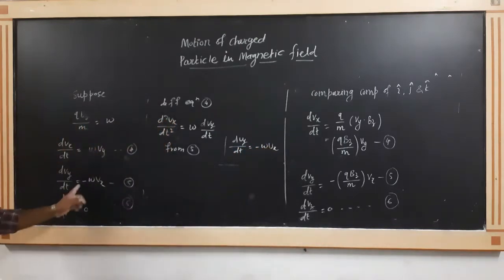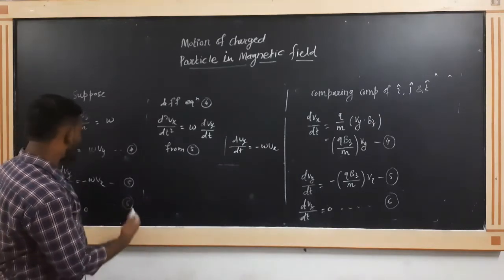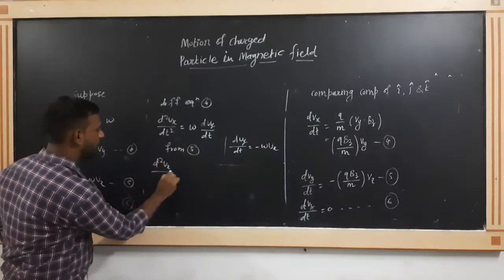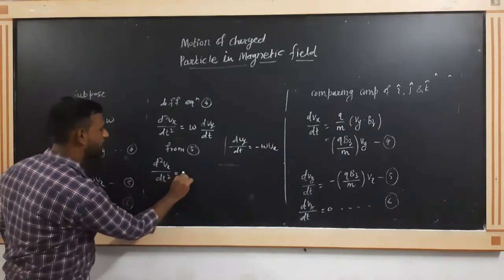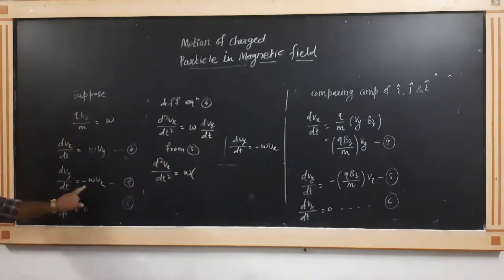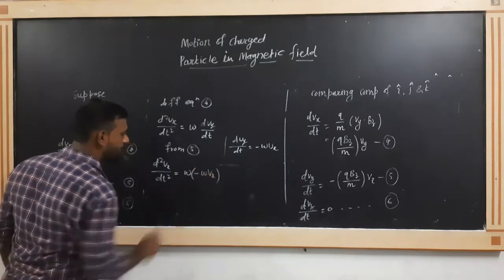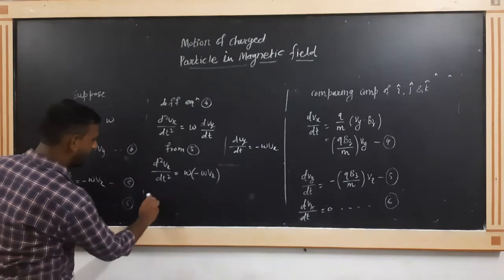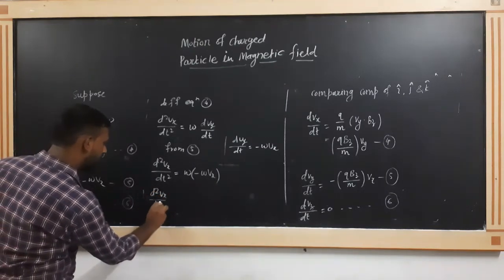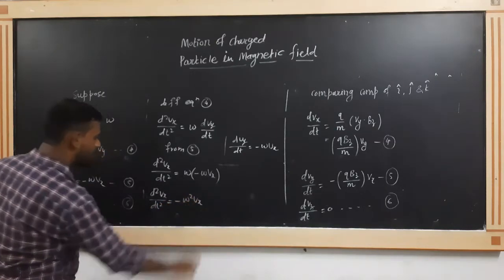We already have this value, so d2 vx upon dt square is equal to omega times minus omega vx, that is, d2 vx by dt square is equal to minus omega square vx.